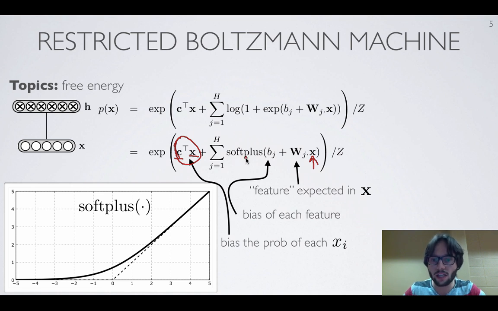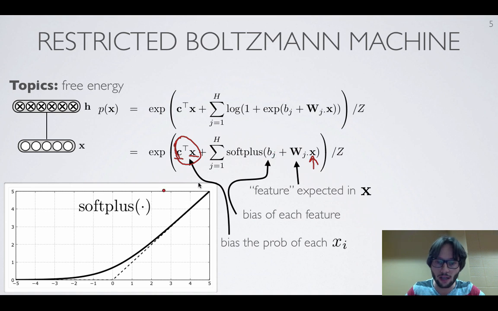Another way of saying this is that we can think of each hidden unit as acting as a feature, where we look at whether a feature is present in the input x by multiplying by its associated weight, its associated row in the matrix W. And then the bias just determines what it means for a feature to actually be present. How big must this term be for us to consider that this particular pattern associated with that feature is meaningfully present in the input?